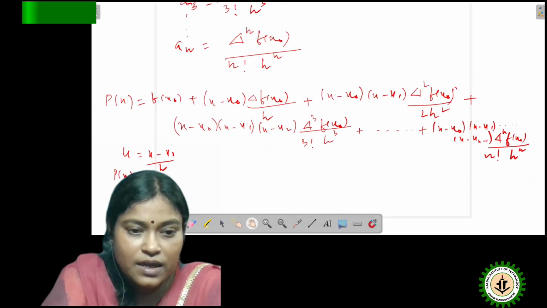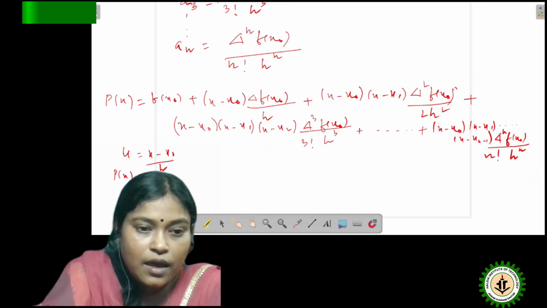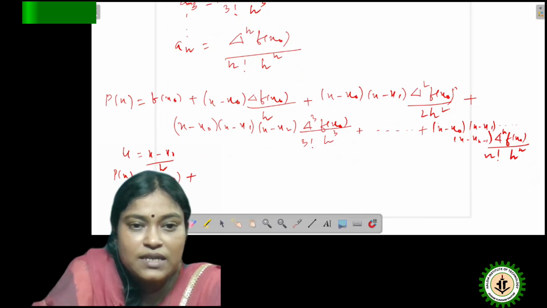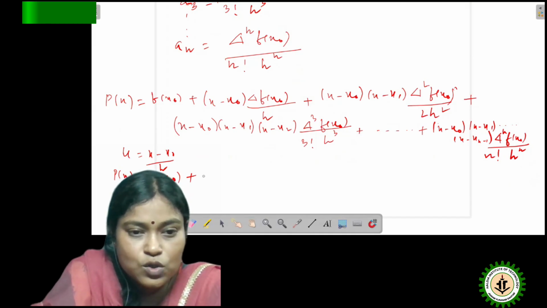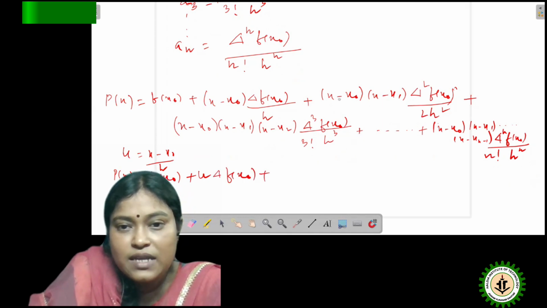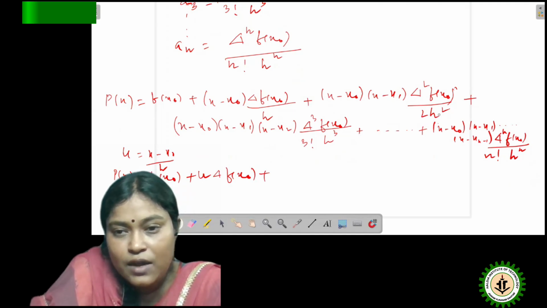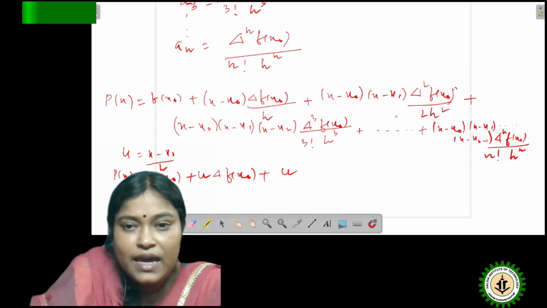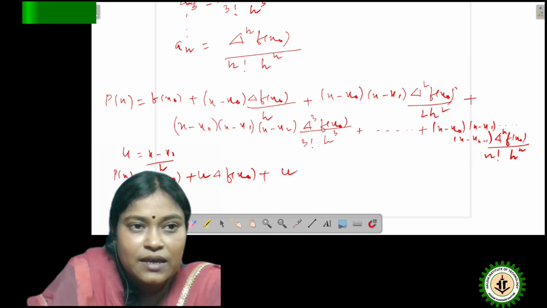p of x, I will get as f of x naught plus, see, x minus x naught by h is your u. So I will write u into delta f of x naught plus x minus x naught by, here we have h square. So I can take one h in this denominator. So I will have here u. Now x minus x1 by h, another h I can take.